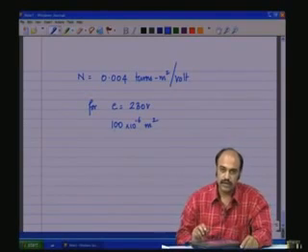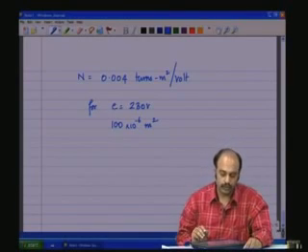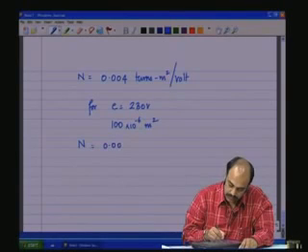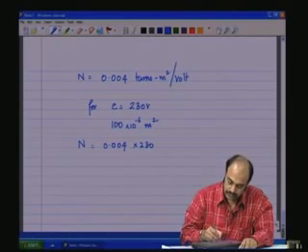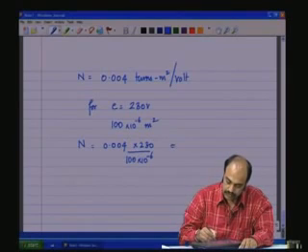Let me take a value of 100 into 10 to the power of minus 6 meter square, easy for calculation, it is a small core. Then what is the turns that one would get, which would be 0.004 into 230 divided by 100 into 10 to the power of minus 6. This is approximately 10,000 turns.